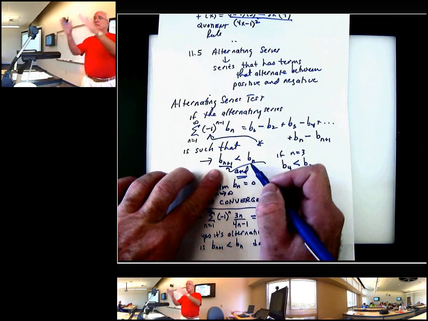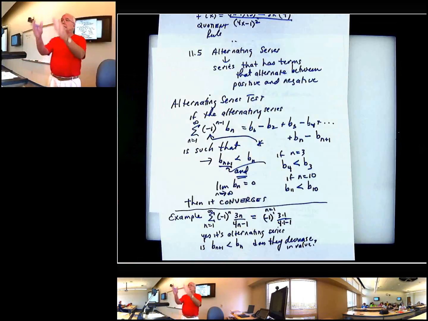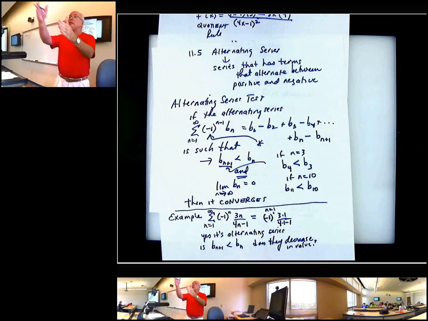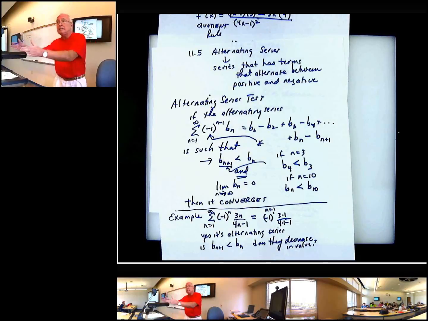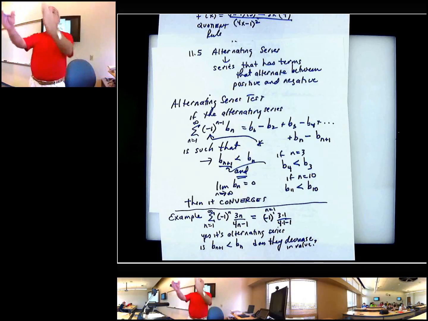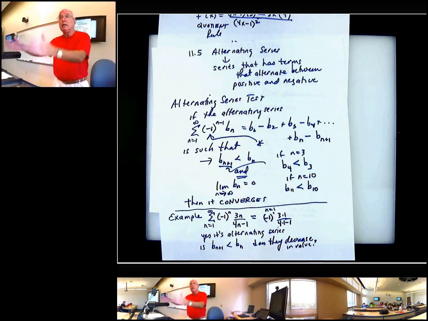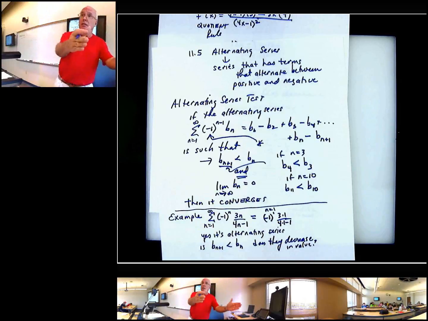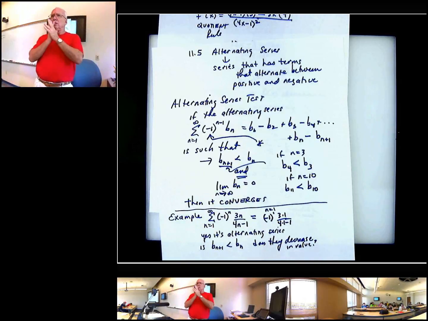Okay, so each successive term of the B sub n's is less than the one before. B sub 11 is less than B sub 10. B sub 15 is less than B sub 14. They all keep decreasing in value. Does that help?